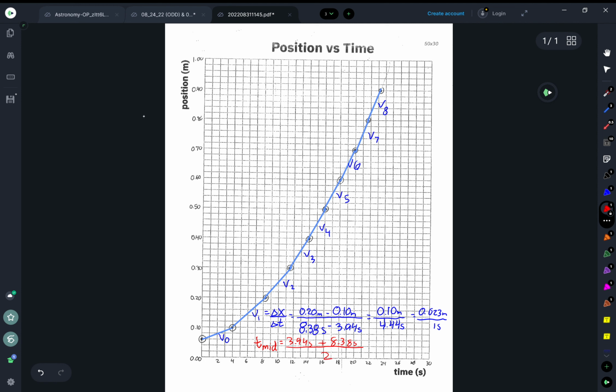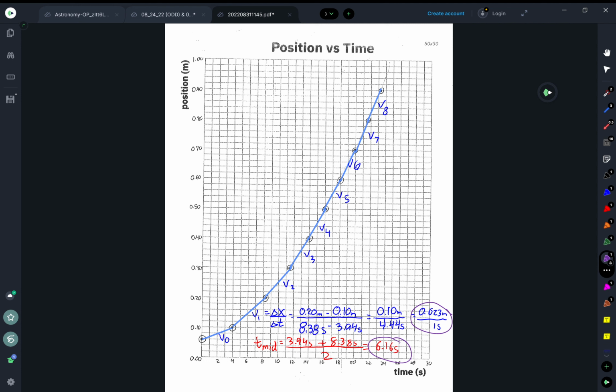And then I'm just going to divide that by 2. So my middle time there is 6.16 seconds. So at a time of 6.16 seconds, I can say that the velocity is most likely 0.023 meters per second, because that's what ultimately I ended up determining using our middle time and our average velocity using our secant lines.